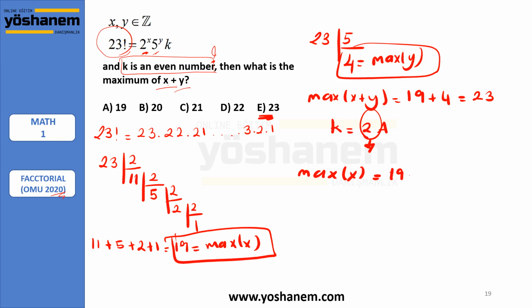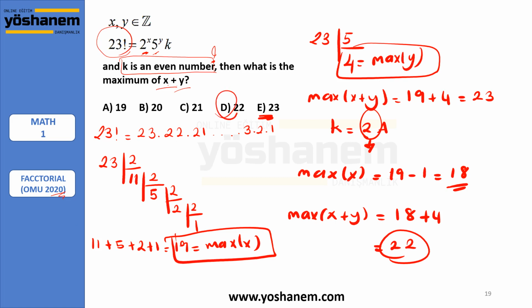I'll subtract 1 from this and it's gonna be 18, right? This is my new maximum x, and finding maximum x plus y is 18 plus 4, and it's gonna be 22, and that's my answer. So please be careful about this information, okay?